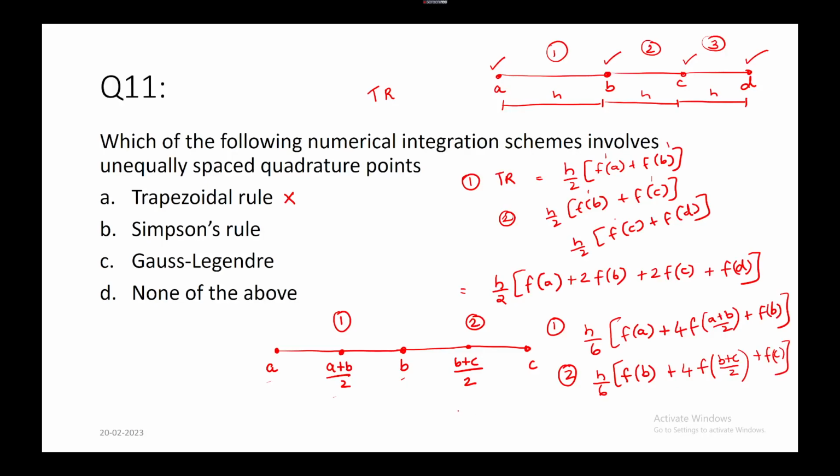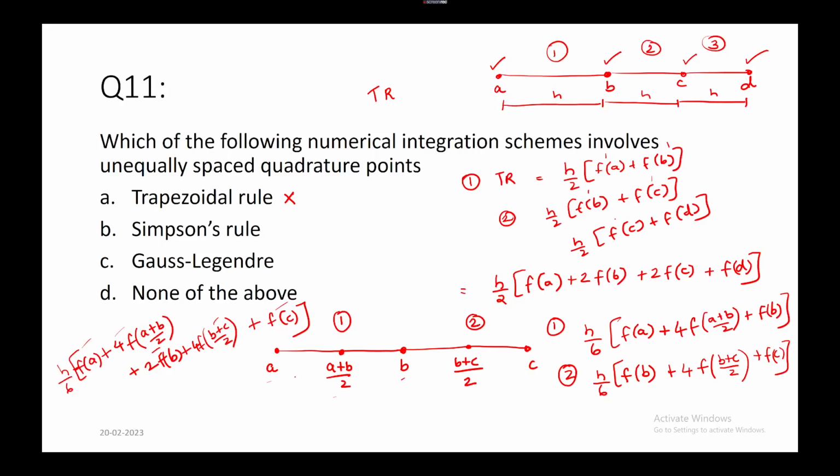If you add everything, for both elements you get h by 6 into f of A plus 4 times f of A plus B by 2 plus 2 times f of B, since f of B appears in both, then again 4 times f of B plus C by 2 plus f of C. You can see that the extreme points A and C occur only once, the midpoints of each element occur 4 times, and the shared point happens 2 times.